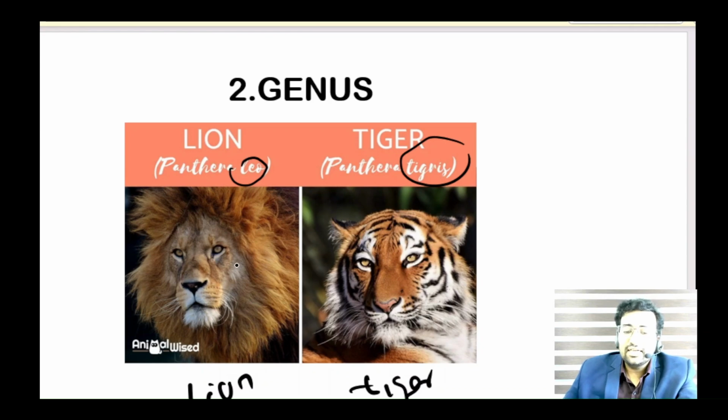So both are included under the same genus Panthera. That means tiger and lion are closely related in some aspects, but not as close as the same species. So Panthera leo and Panthera tigris are the same genus with different species.